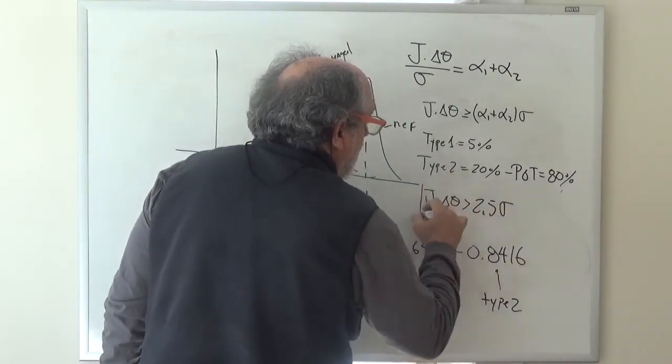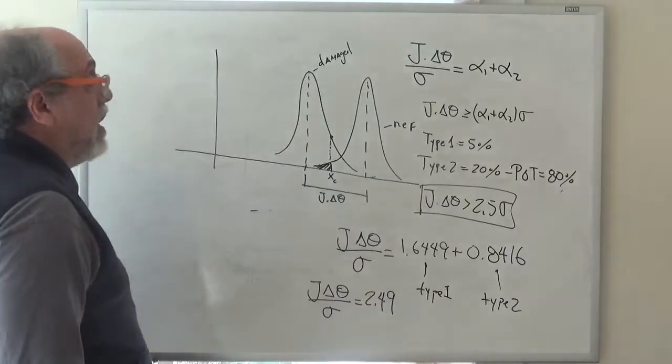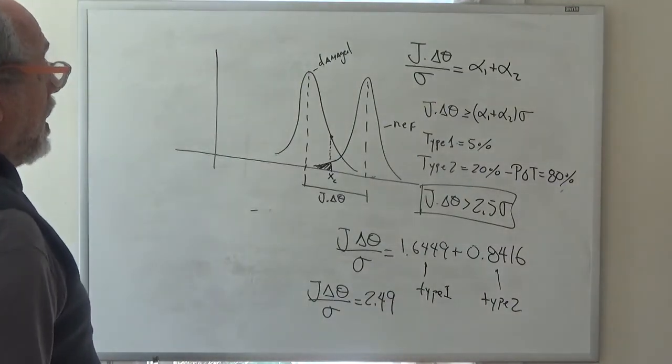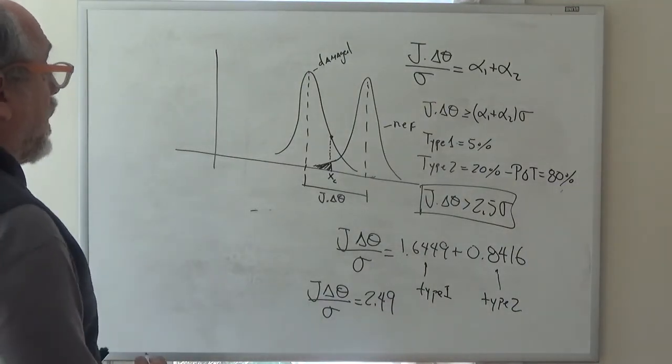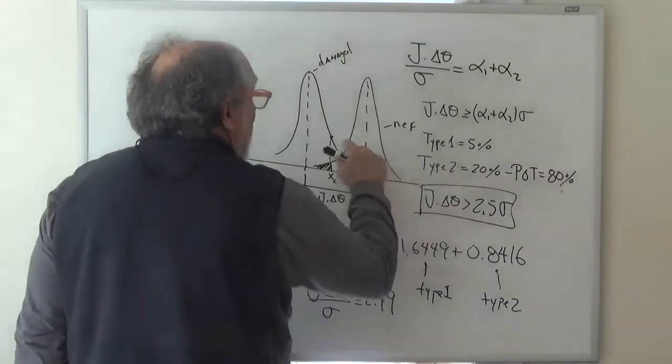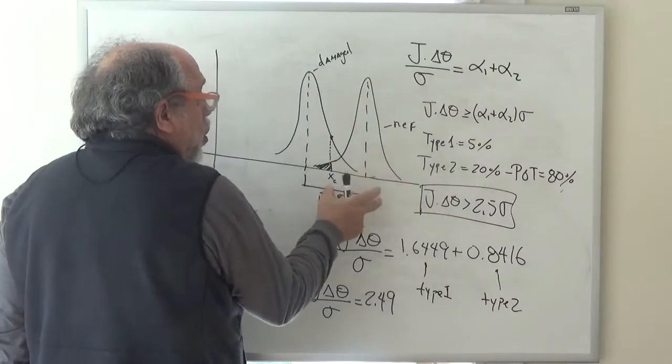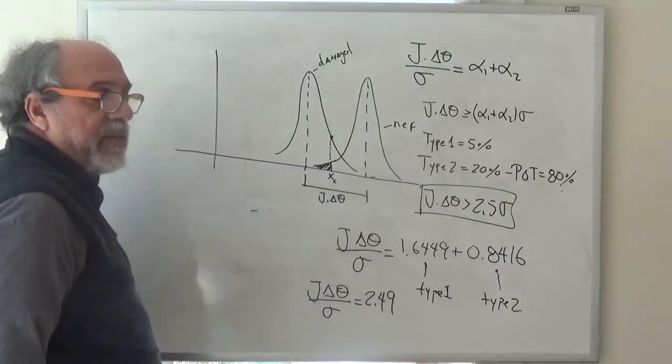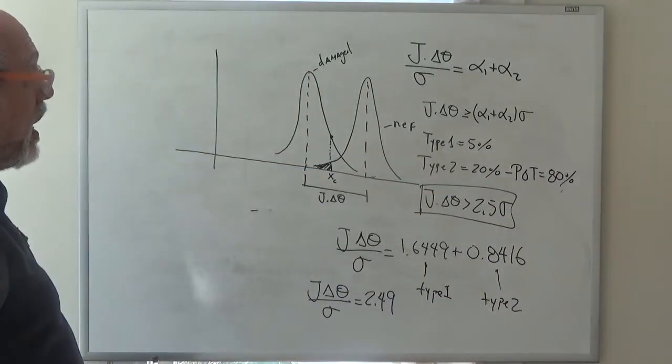For this particular case, right? So if your damage does not produce at least 2.5 times the standard deviation, you will not have that much power of the test, you'll have less. Okay?